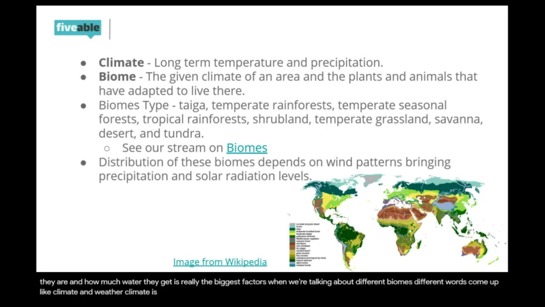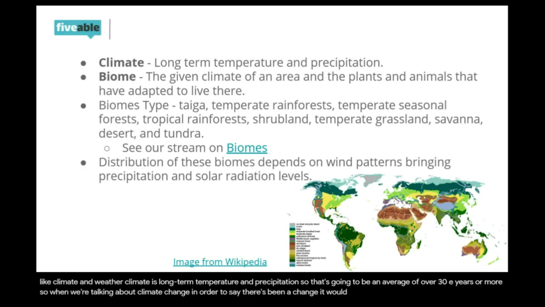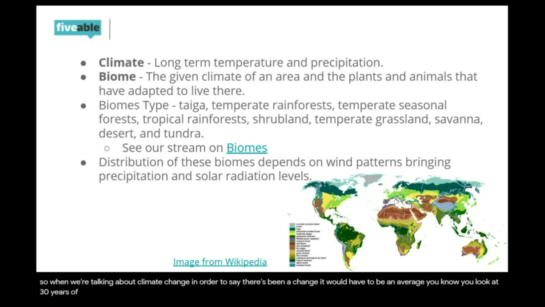Climate is long-term temperature and precipitation, an average over 30 years or more. So when we're talking about climate change, you look at 30 years of change in order to say it's a different climate.